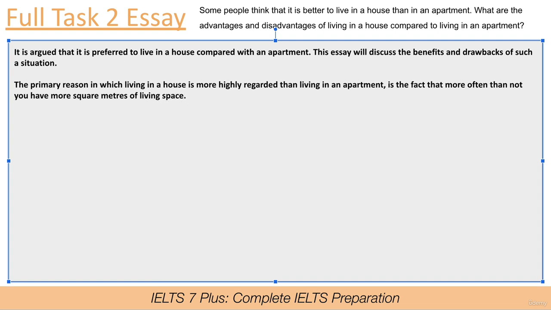Okay, so we're starting off with our topic sentence. Let's read this back. The primary reason in which living in a house is more highly regarded than living in an apartment is the fact, we don't really need that comma there. Is the fact that more often than not, I think that will be nice to have a comma there. More often than not, comma, you have more square meters of living space.